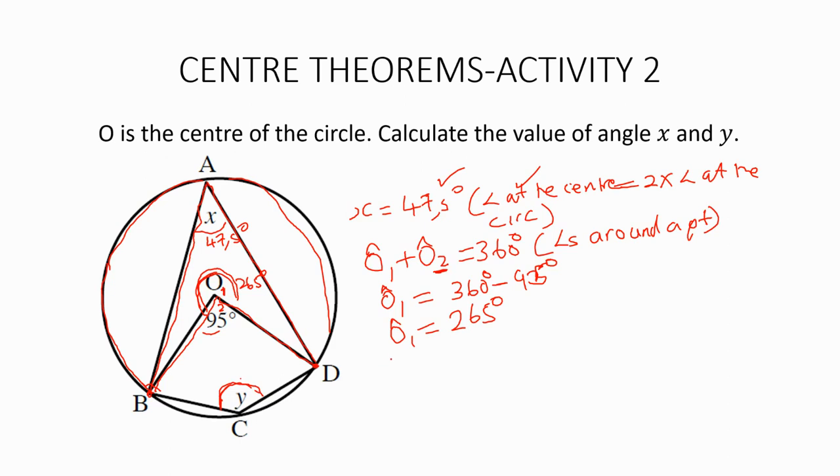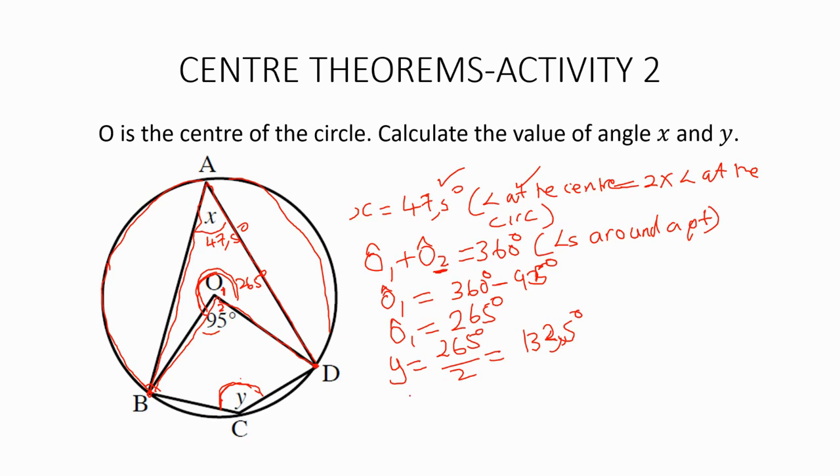So Y is half of 265. What is 265 divided by 2? We're getting 132.5. Okay, 265 degrees divided by 2, which is 132.5 degrees. Okay, why are we saying that?